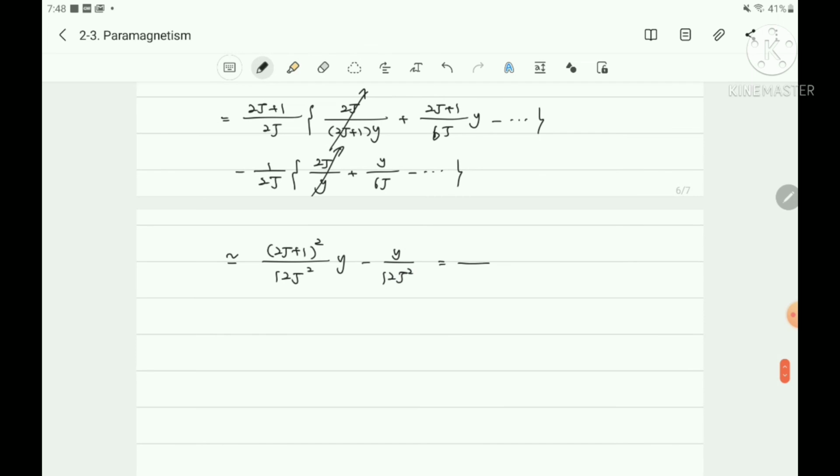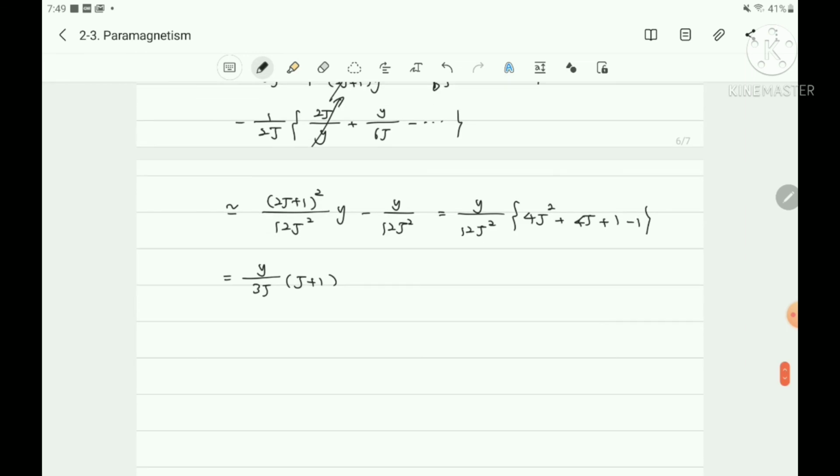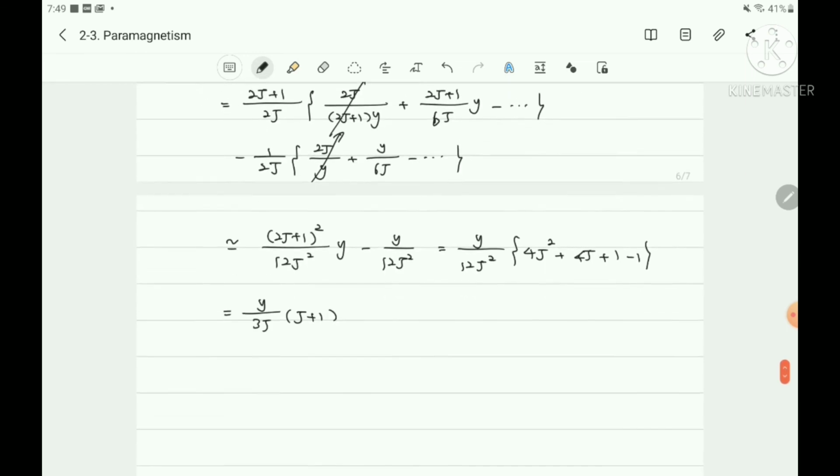Then it is y over 12J squared times (4J squared plus 4J plus 1 minus 1). Therefore, it is y over 3J times (J plus 1). Therefore, it is a Brillouin function.